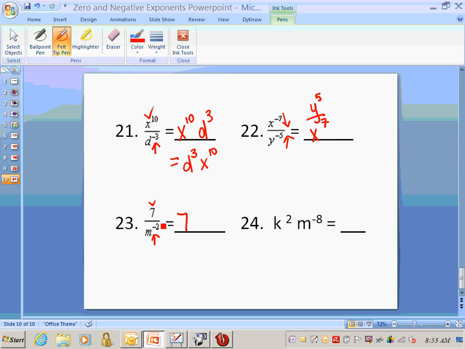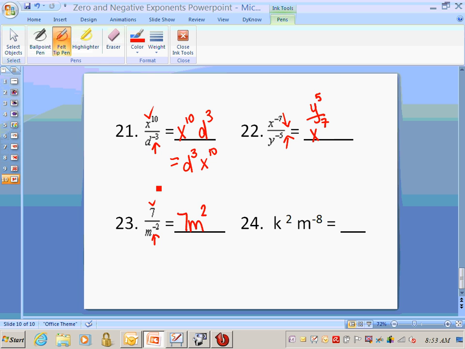Yeah. So 7. I thought we were flipping it. It'll be 7m squared. Why would we do that? Because the 7 was fine on top, right? Yeah. The m was not okay on the bottom, so it came to the top. So now both of them are on the top, so what's the number on the bottom? 1.